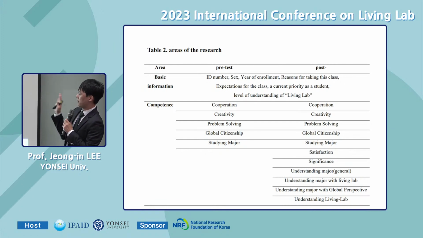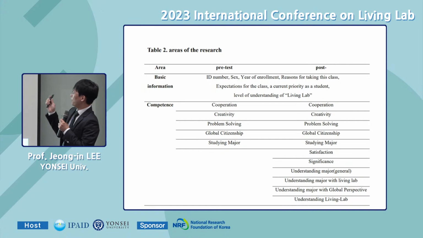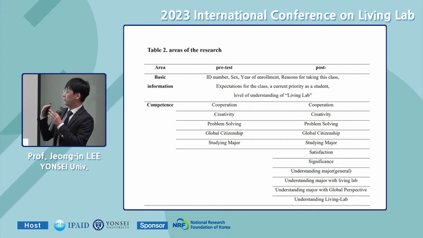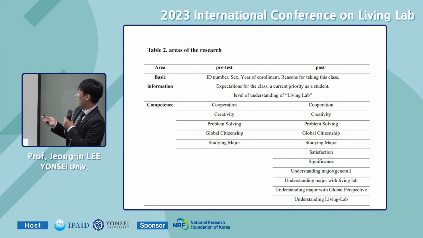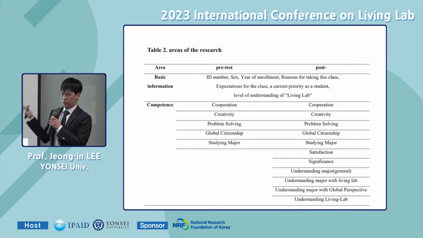These 5 categories of competence consist of 6 sub-items, sub-questionnaires for each, and these questionnaires are validated from preceding, similar studies. This competence should be answered twice, before the class and after the class.